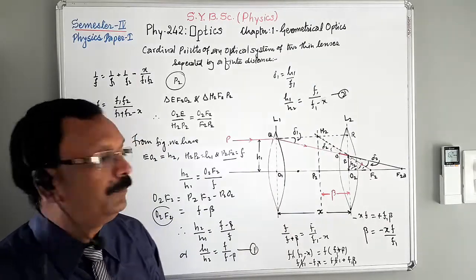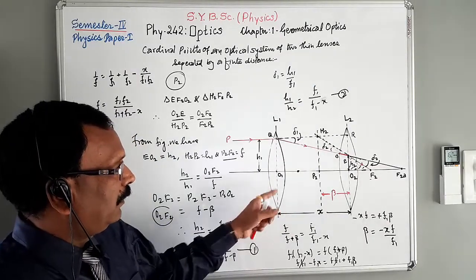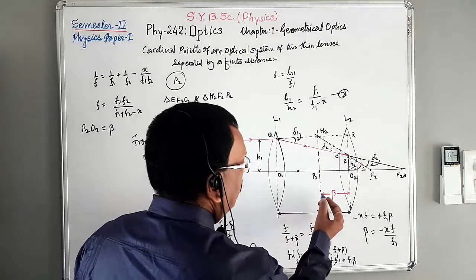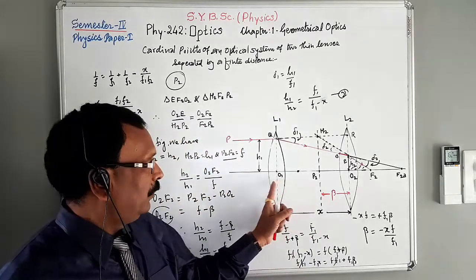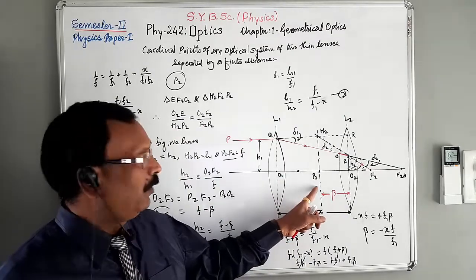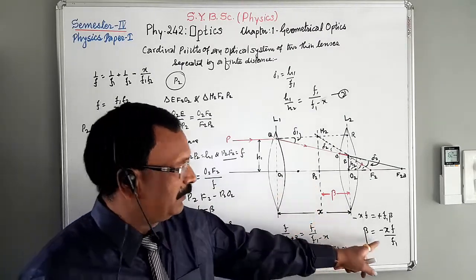Okay. So what is the distance of this P2? O1 P2 is the distance. We have to calculate O1 P2 in this form.